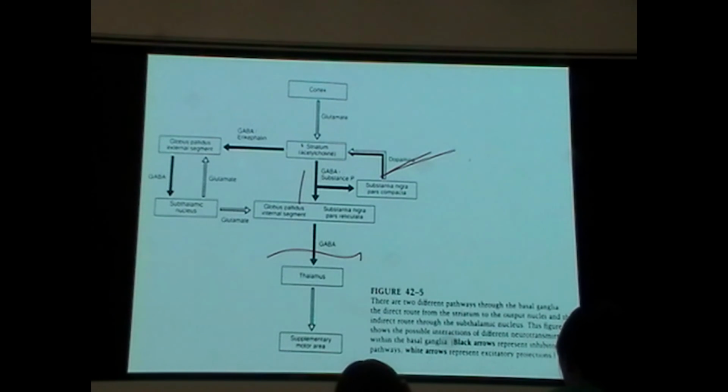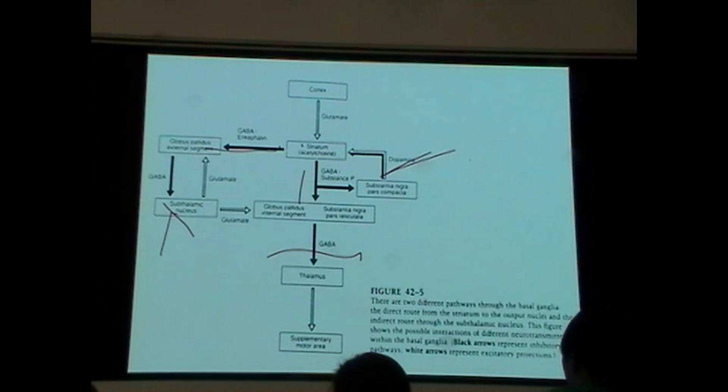However, what happens here is we have the internal aspect of the globus pallidus, and there's an external aspect right against the putamen. If we inhibit this, we reduce the effect of the globus pallidus externa, which is also a gamma-aminobutyric acid releaser, on the subthalamic nuclei, which usually is held in check and has an input-output relationship to the globus pallidus externa.